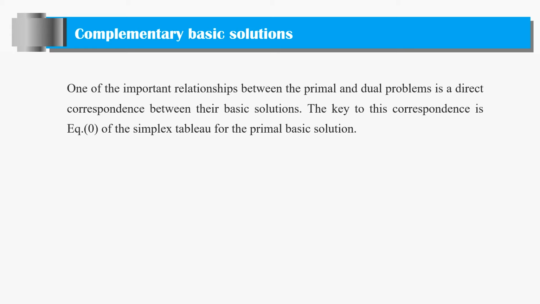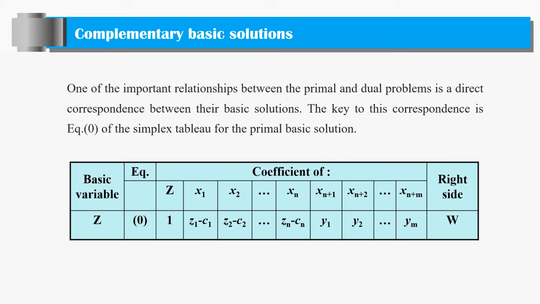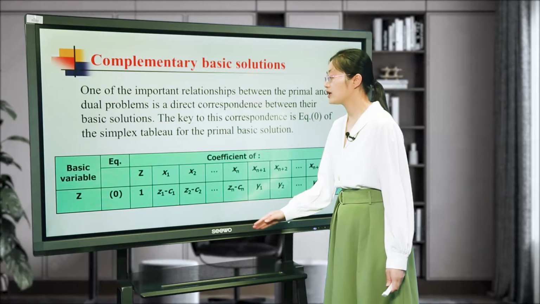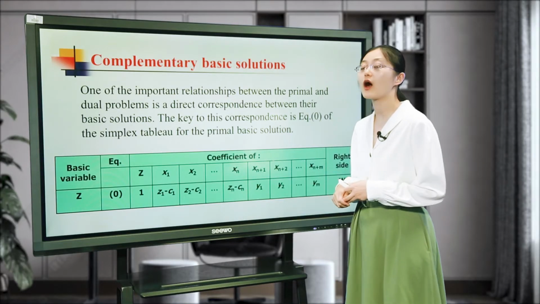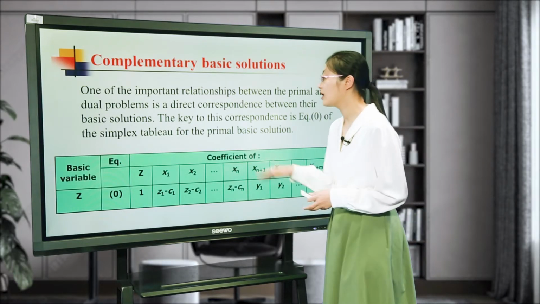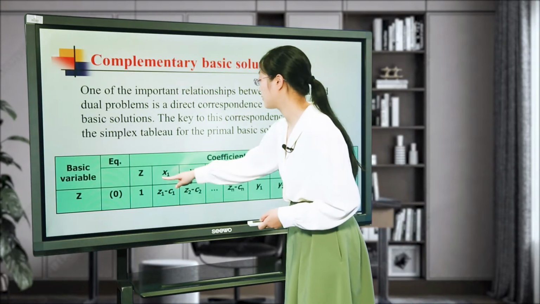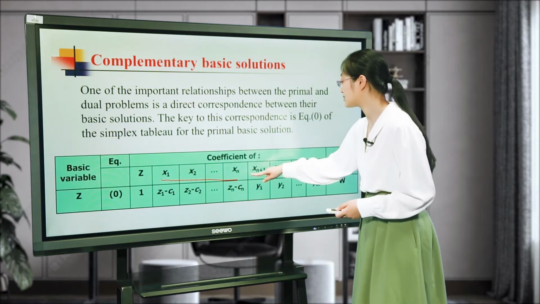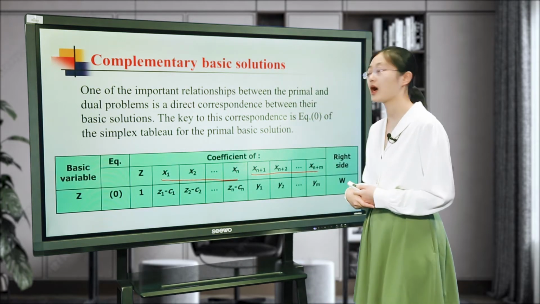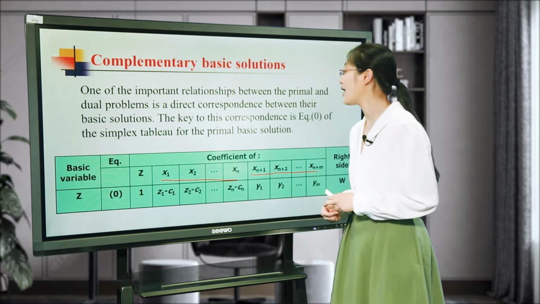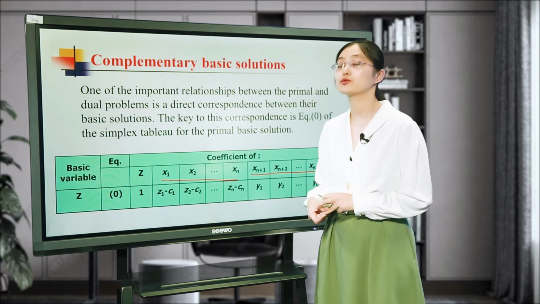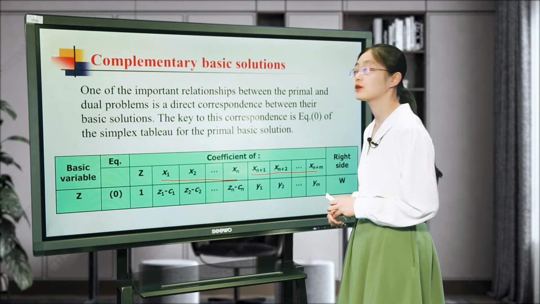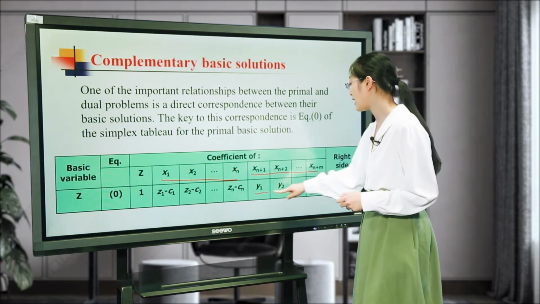If we look at equation 0 in the simplex tableau, we introduce the slack variables for our original problem, and then our variables consist of decision variables x1 through xn and the slack variables xn plus 1 up to xn plus m. The correspondence for the dual problem is that we have m variables for the dual problem, y1 through ym.